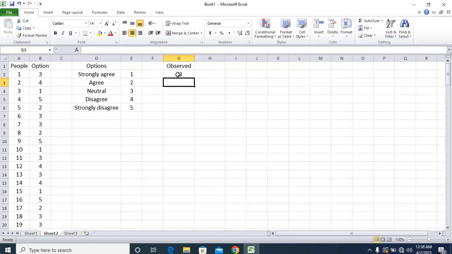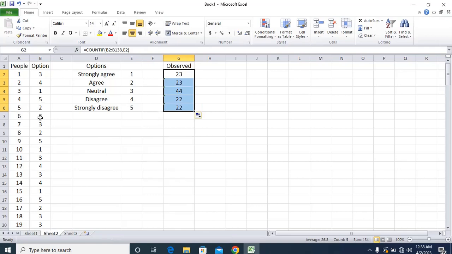It means that 23 people have ticked strongly agree, 23 people also ticked agree, 44 people ticked neutral, and 22 people disagree.